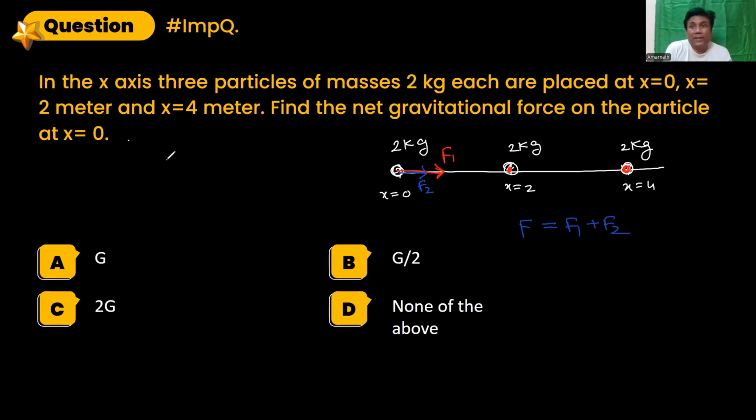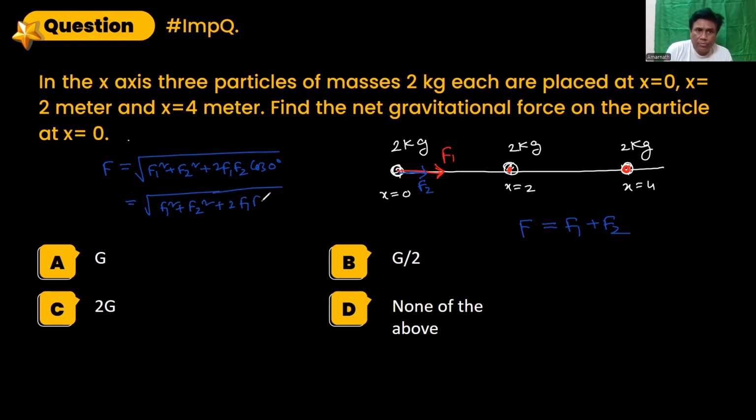Even mathematically we can prove it from that formula. It is F1 square plus F2 square plus 2 F1 F2 cos 0 degree. Cos 0 value is 1, so it will be 2 F1 F2 only.